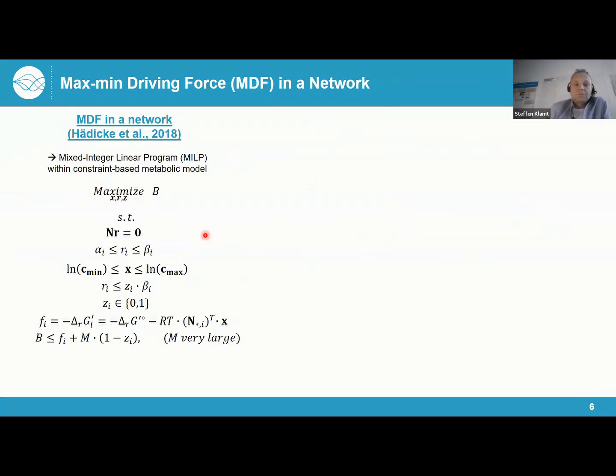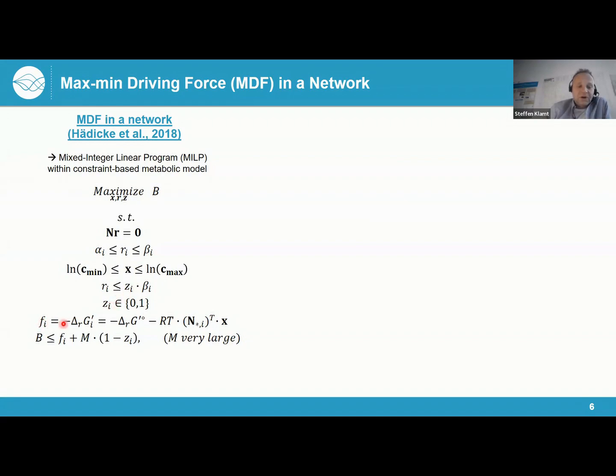This is largely overlapping with thermodynamic flux balance analysis, as has been developed by the group of Vasily. So here we have the standard constraints, the steady state constraints, we have flux bounds, we have the metabolite concentrations, and we have then the binary variables indicating which reactions are active in the flux distributions that we will compute.